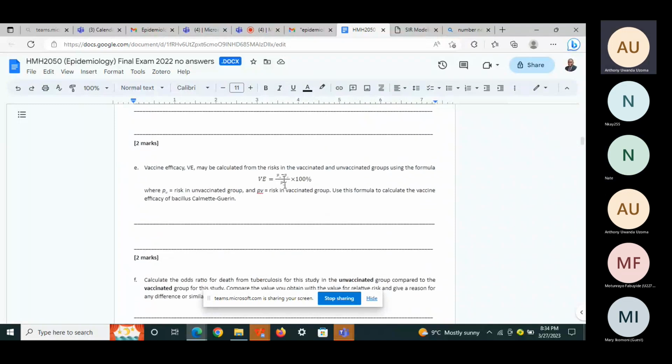Okay, so the formula for vaccine efficacy is given as, so efficacy is trying to say how effective is the vaccine.